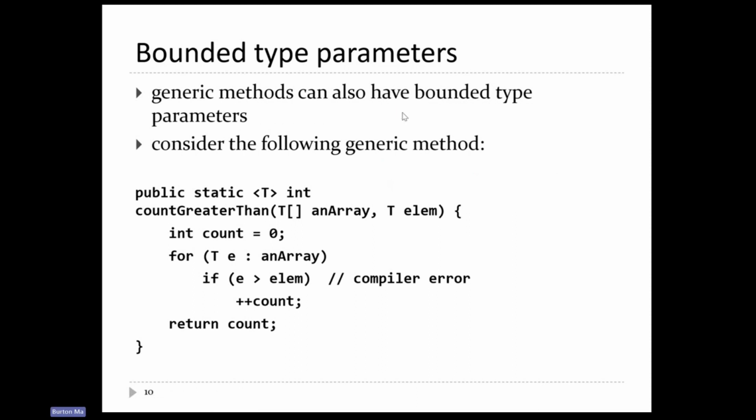Generic methods can also have bounded type parameters. So here's a method that takes in an array and an element, where the element type for the array is T, and the element that you're using to compare to is also of type T. Now remember I said that there are no generic arrays.